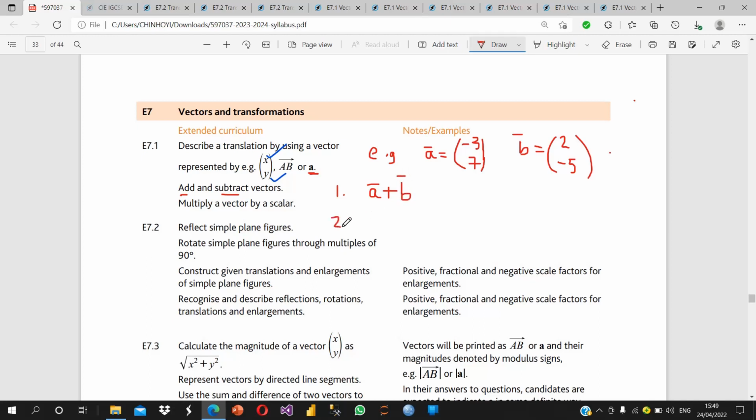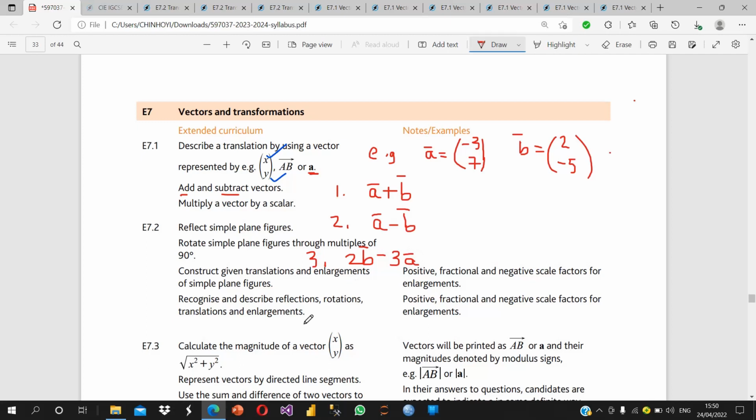Then the second one, let's say we want A minus B. We're going to subtract this one. Then number 3, I want you to do 2B minus 3A.